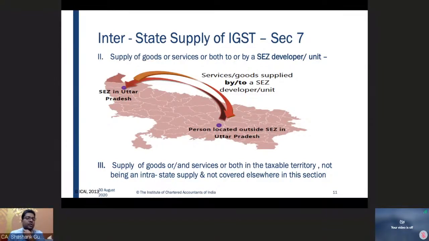And if we are not sure, okay, I'm not sure, but it is certainly not intrastate supply, it is certainly not liable to CGST plus SGST. In such cases, you can take recourse in this particular clause wherein it says that if a transaction is not covered under intrastate supply, in such cases, it will be covered under IGST or treated as interstate supply.